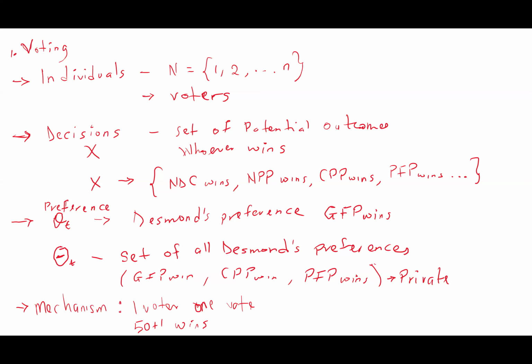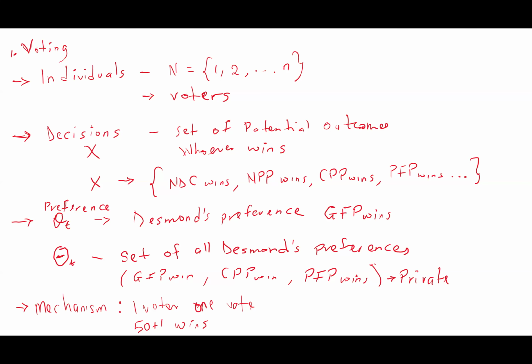And then we have several voters. So I picked one voter. In place of Desmond, let me use Jennifer. Jennifer prefers that GFP wins, right? That is her first preference. Now, she has a set.